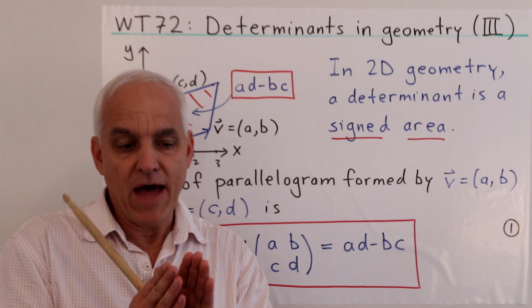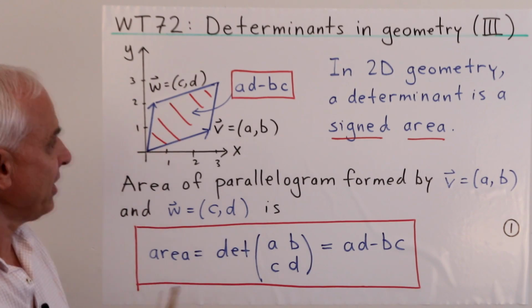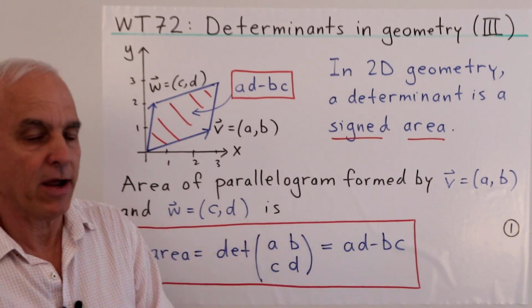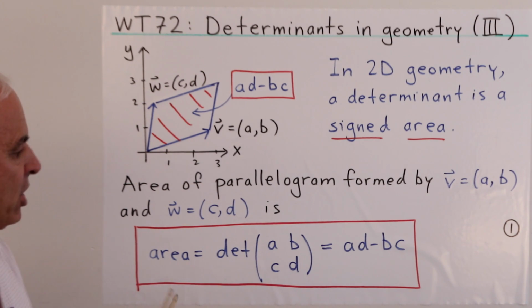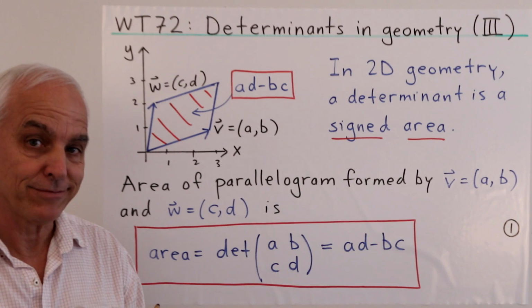So that quantity is somehow measuring how far apart these two vectors are from being collinear, or one being a multiple of the other. Okay, so a crucially important formula in planar geometry.